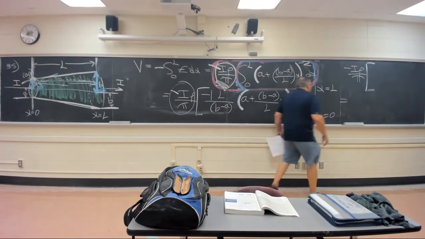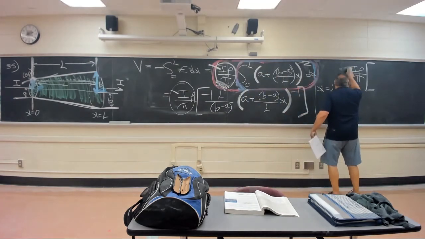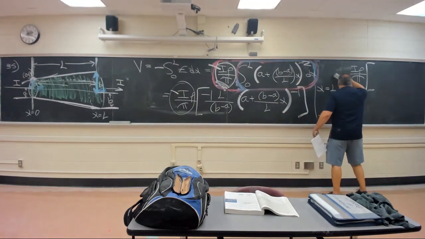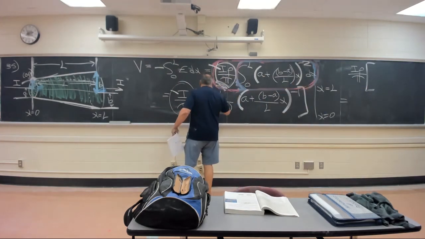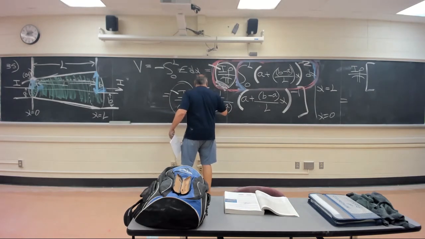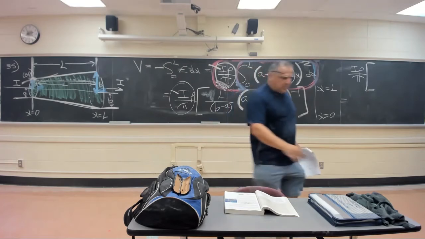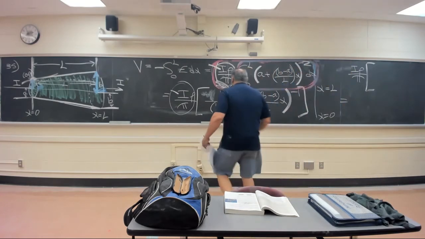So let me get rid of that negative. Negative times negative is positive. Maybe this makes things a little easier to look at. And again, these erasers become more of a joke the more I use them.